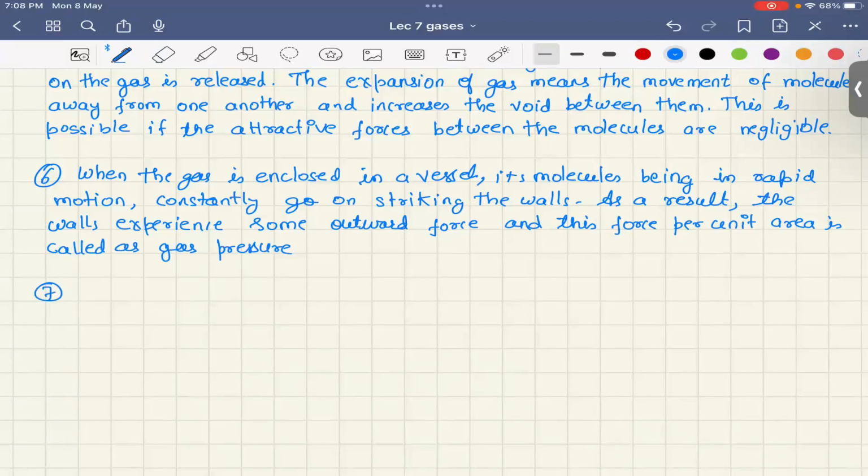The seventh and the last justification is, due to molecular collisions, the different gas molecules have different speeds. As a result, the molecules have different kinetic energies.